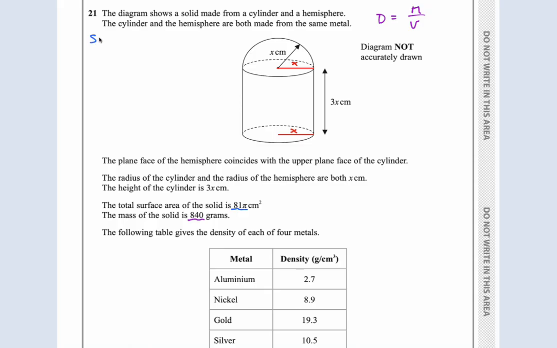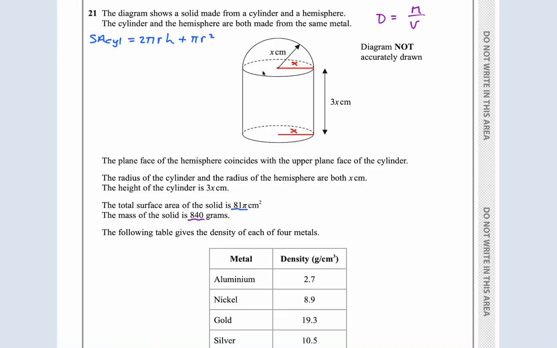So the surface area, I'm going to refer to the cylinder as surface area cyl, and I'll do the hemisphere surface area hem, something like that, right? So the surface area of the cylinder is 2 pi r h, that is the curved surface area of the cylinder, plus pi r squared, that is the area of the circle at the bottom.